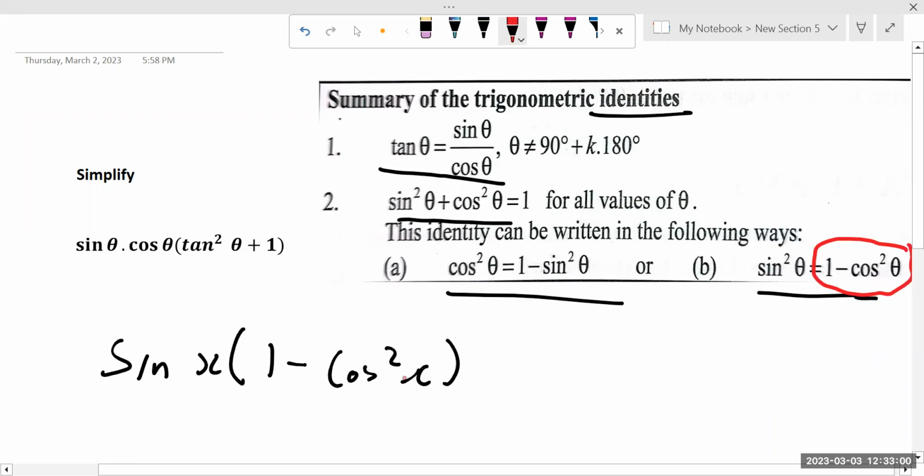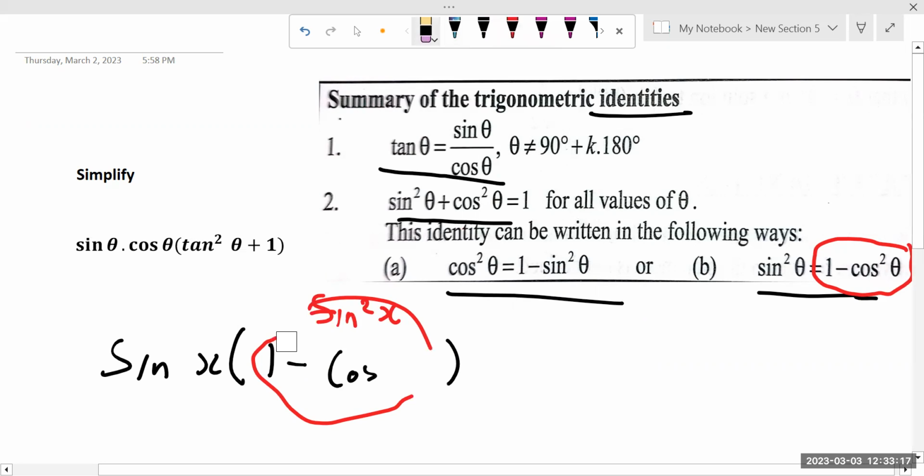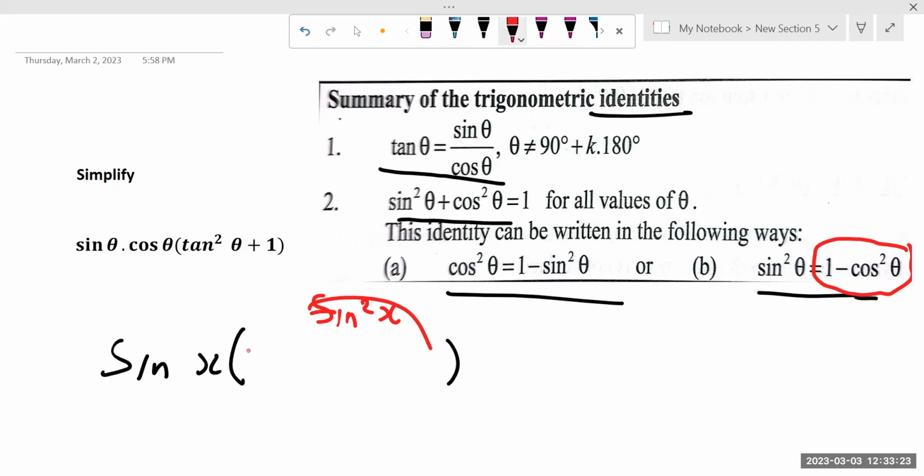Good for us. Then it means we are going to change this whole thing here. Instead of writing it as 1 minus cos squared of x, we're going to write it as sine squared of x. So we can erase here and say this whole thing is represented by sine squared of x.